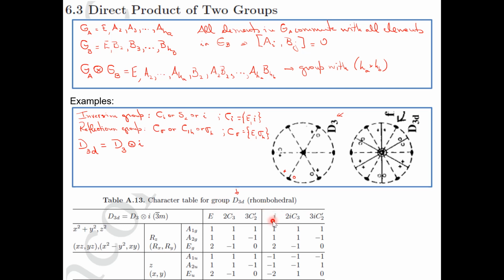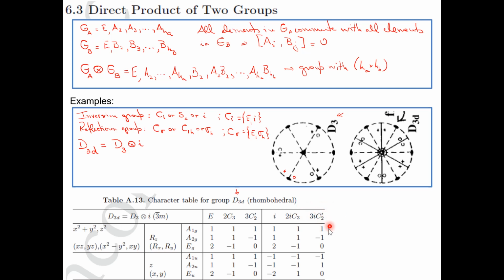Now inversion times C3 and inversion times C2. When we have inversion multiplied by C3, it is typically an S, an improper rotation. And inversion multiplied by C2 prime is typically a sigma, a reflection operation.